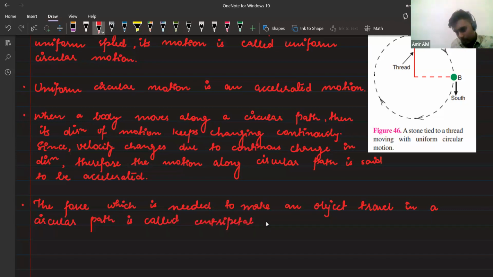It is directed towards the center of the circle. It is an inward force. There is also a force called centrifugal force, which is directed outside. So these forces get balanced, and that's why this motion is circular. Clear, bachchon? Yes, sir.